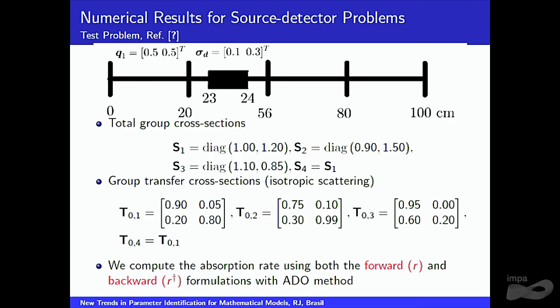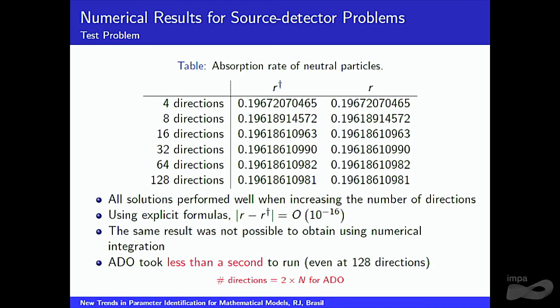Another test we did, which I did not show in the other case, was to compare the absorption rate that we obtain solving the direct problem with the one that we obtain using the expression for the adjoint problem. Here we see that when we increase the number of directions, if we use explicit formulas, we are able to obtain very good precision when we compare these two.